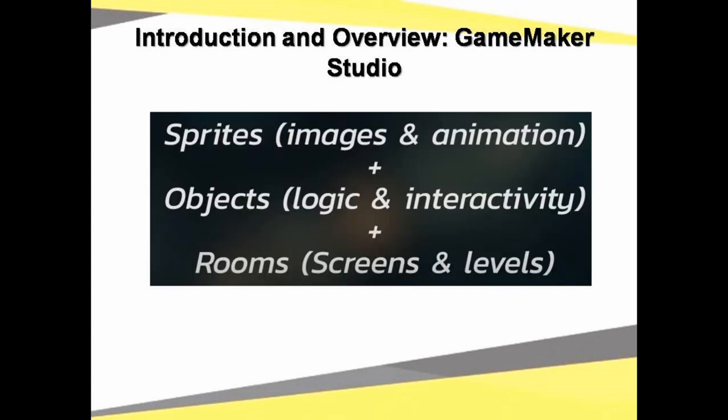Okay, so as a recap for the overview, mainly napag-usapan natin what are sprites, objects, and rooms. As you can see, these three things provide you the harmony of creating your games in Game Maker Studio.